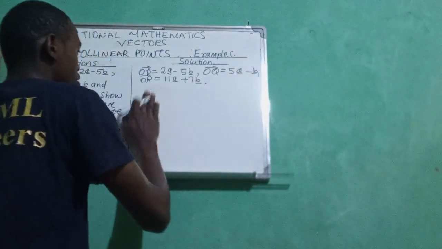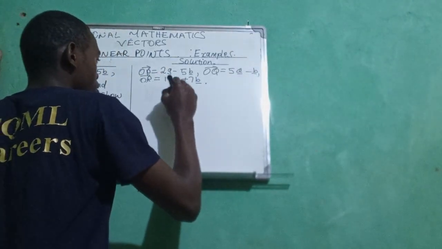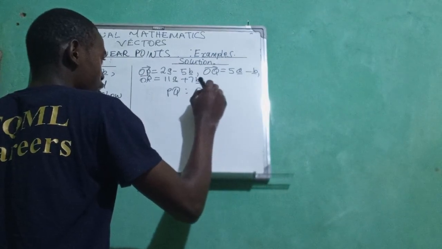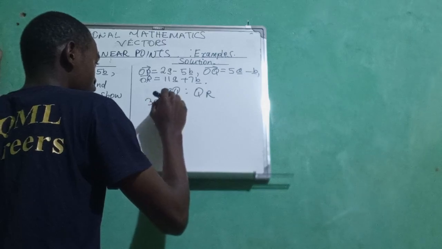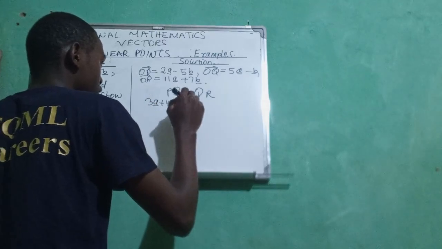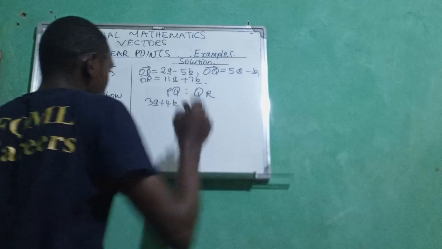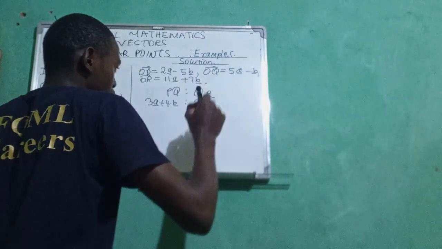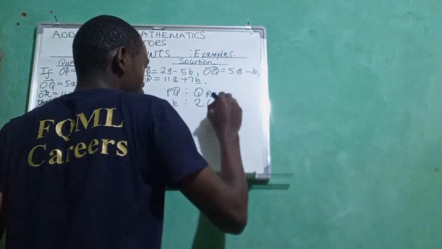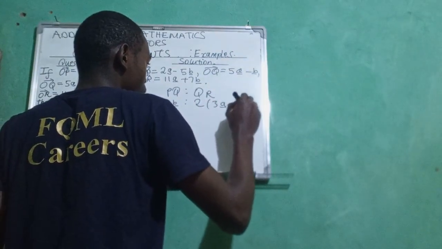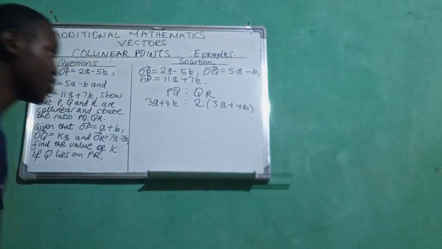Let me first write the ratio. So PQ to QR, which is 3 of vector A plus 4 of vector B, to QR, which was 2 of 3 of vector A plus 4 of vector B, like that.